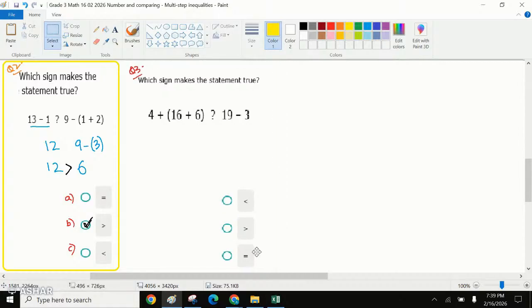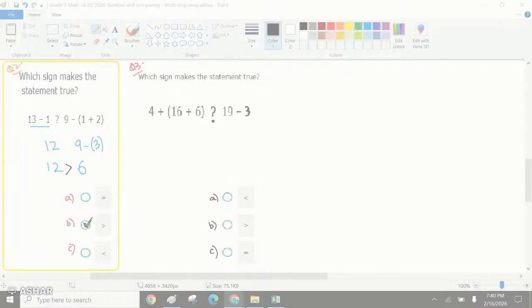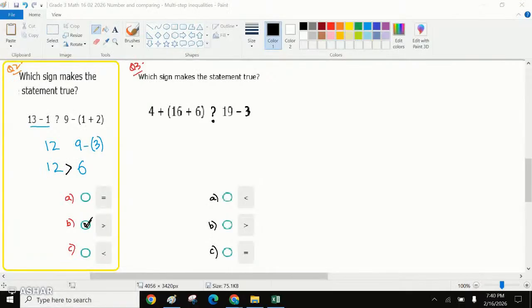If the question given was 19 minus 3 with a question mark in the middle, which option? A, B or C? Since we can see on the left hand side, it is simply numbers being added together, right? But on the right hand side, we have subtraction. Yes, perfect. Thank you, Ethan.